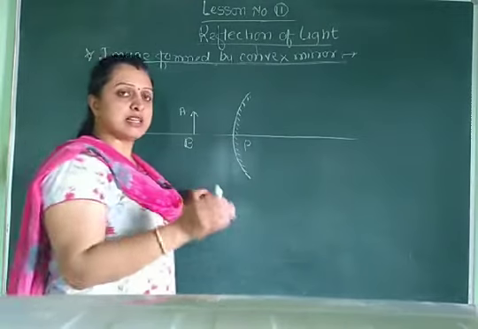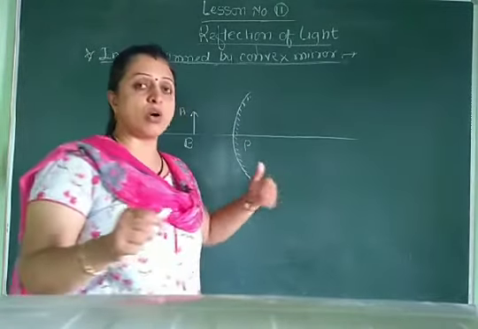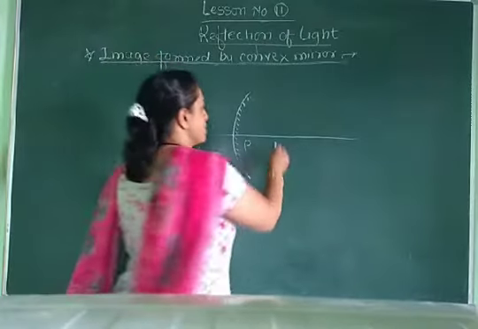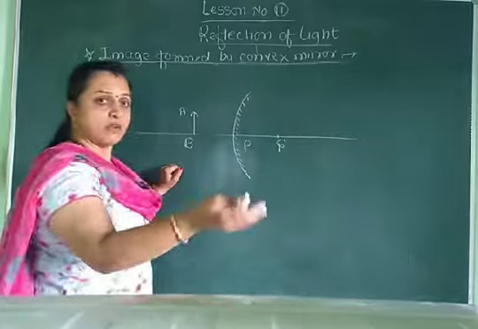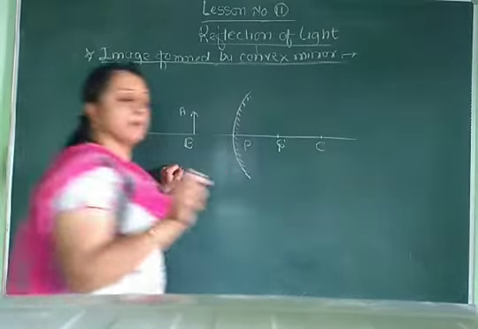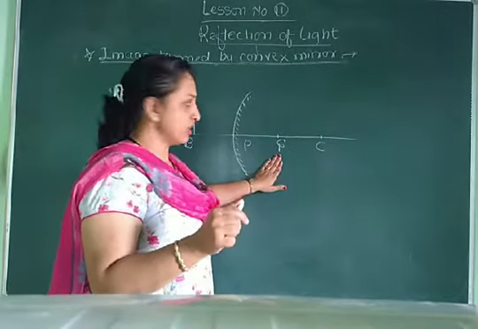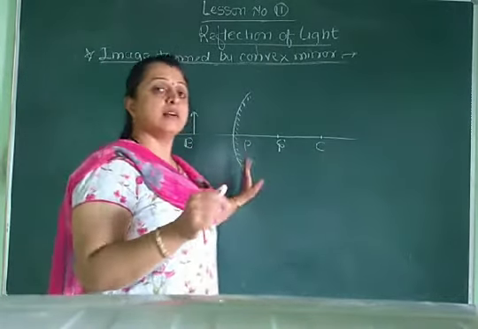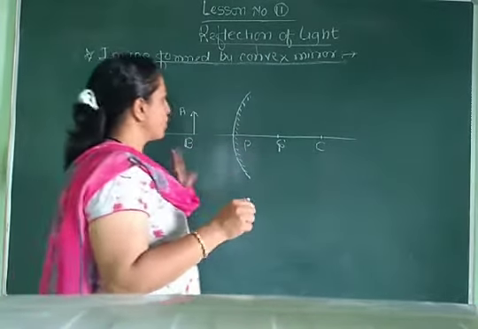In the previous lecture I told you the principal focus of a convex mirror is always behind the mirror. So consider this is the principal focus and double its distance is the center of curvature, because the focal length of a mirror is always half of the radius of curvature. So we consider these two points for a convex mirror.